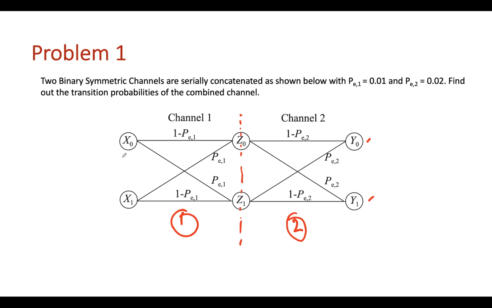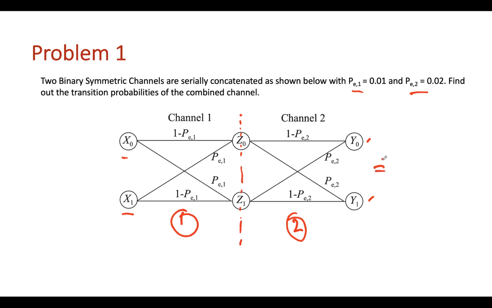So given x0 and x1 and all these transition probabilities, for channel 1 the chance of getting an error is PE,1, and the chance of getting a symbol correctly is 1 minus PE,1. For channel 2 the same parameter is PE,2, and these values are given in the problem. You have to find out the transition probabilities of the combined channel.